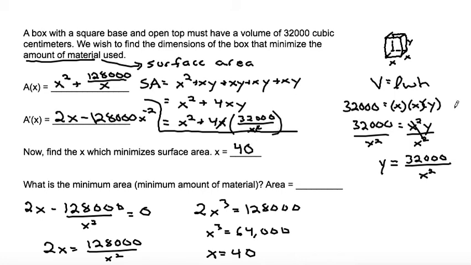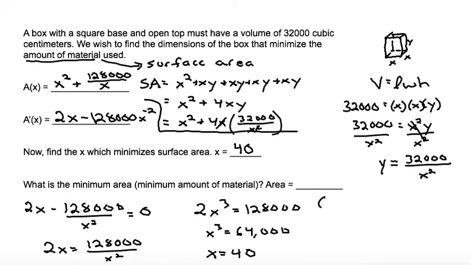So we only have one critical point, so it must be the minimum. And what is the minimum area? So that's taking our critical point and plugging it back into the original area formula, not the derivative, but the original formula.